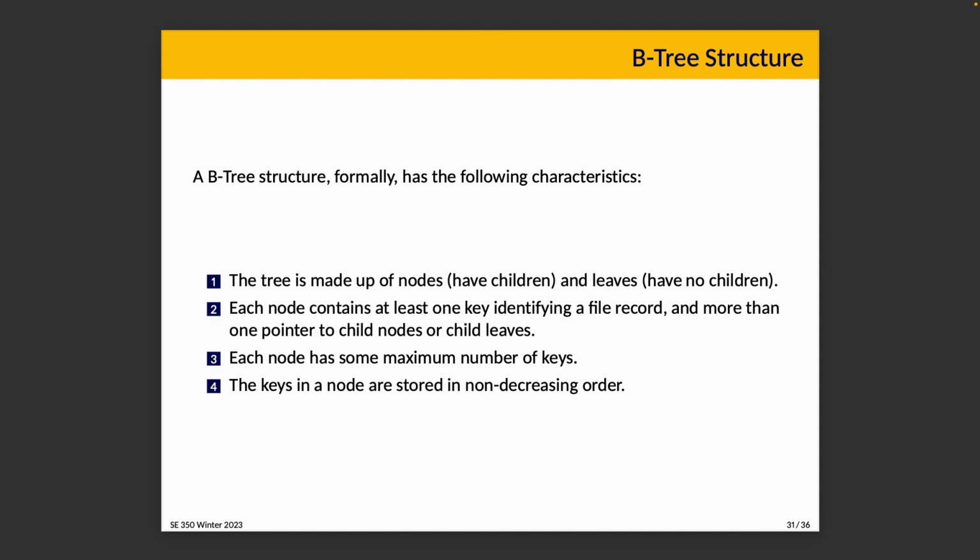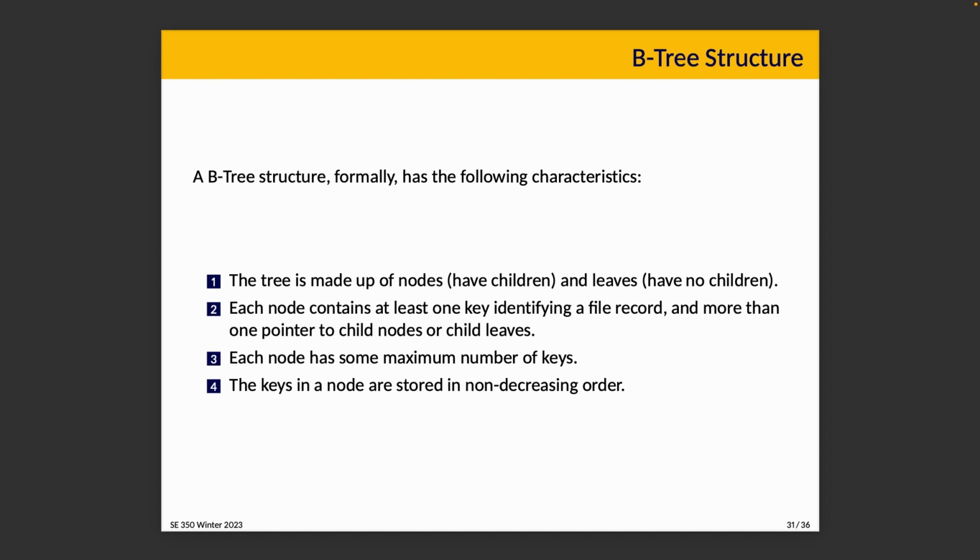And a B-tree formally has the following characteristics. Some of it is very basic, like down to what even is the definition of a tree, but that's fine. I prefer we are complete as opposed to overlooking something that is important. So number 1, the tree is made up of nodes and leaves.